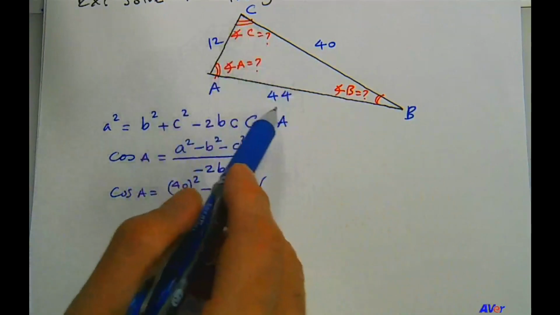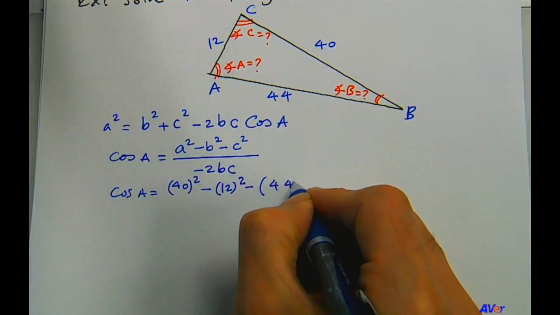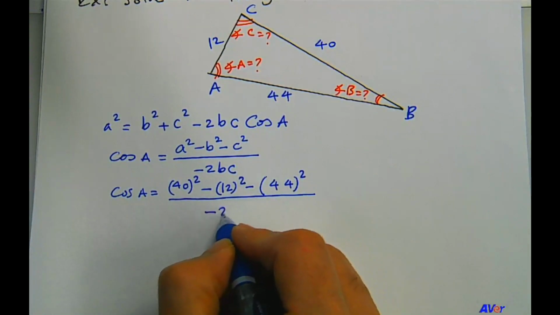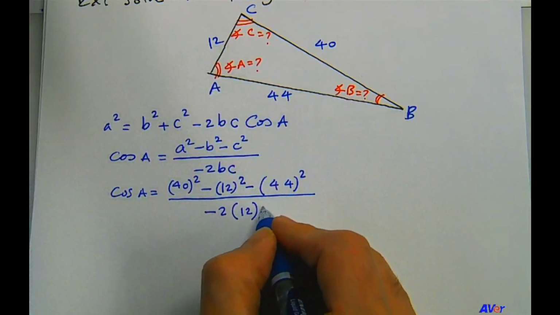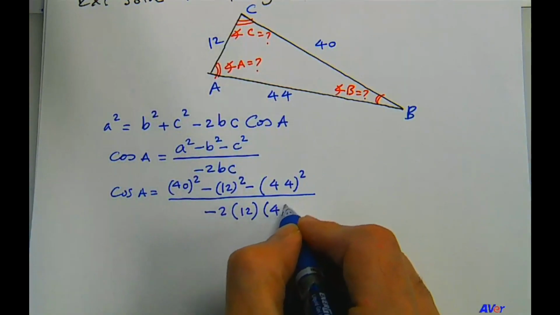C would be the side opposite angle C, so 44 squared, divided by minus twice B, that would be 12, times C, that would be 44.